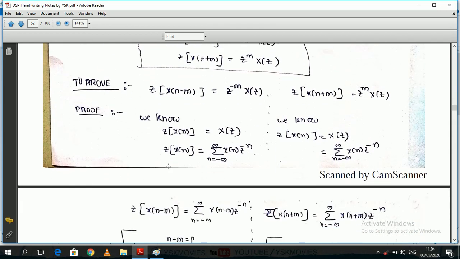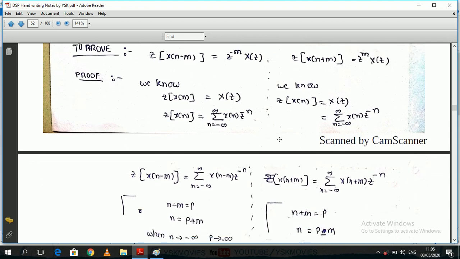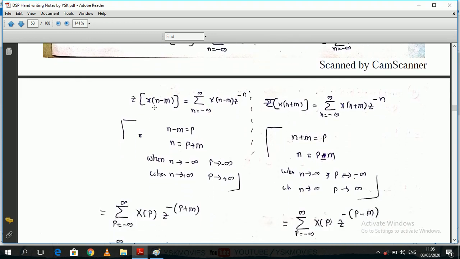The z transform of x[n] is equal to X(z), and the z transform of x[n] is equal to the sum from n equal to minus infinity to infinity of x[n] z power minus n. So the z transform of x[n-m] is equal to the sum from n equal to minus infinity to infinity of x[n-m] z power minus n. But n minus m is replaced with p, so n equal to p plus m.